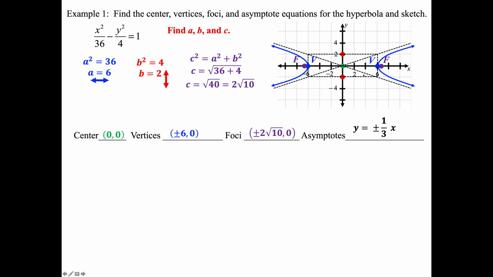Now, one thing I would like to make certain that you don't do. If you notice at the corners to the center, this is up 1 to the right 3, down 1, right 3, down 1, left 3, up 1, left 3. That's my slope. From each corner, do the slope one more time. Up 1, right 3, down 1, right 3, down 1, left 3, up 1, left 3.